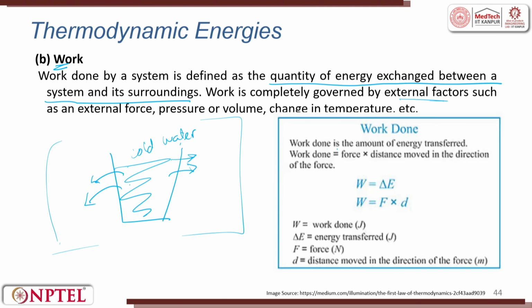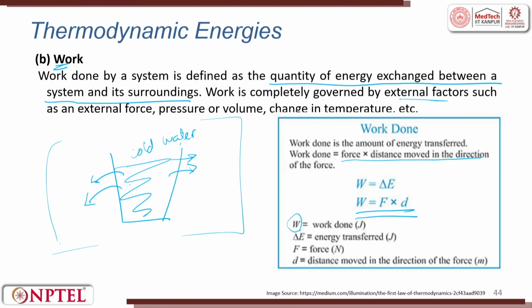The work done is nothing but the amount of energy transferred, which is force into distance moved in the direction of the force. So, W is nothing but ΔE. What is E? E is the internal energy. So, W can be defined as force into distance moved in the direction of the force, W = F × d.